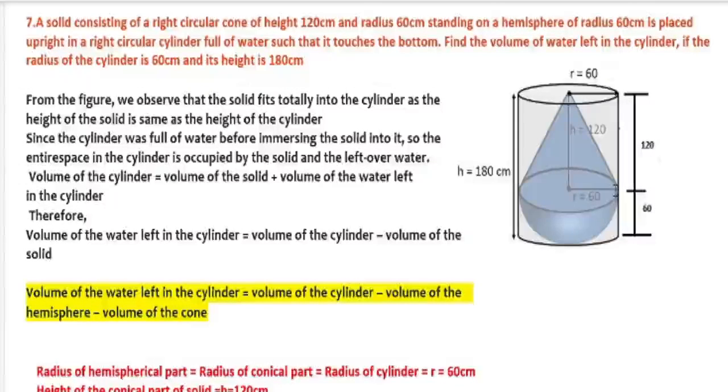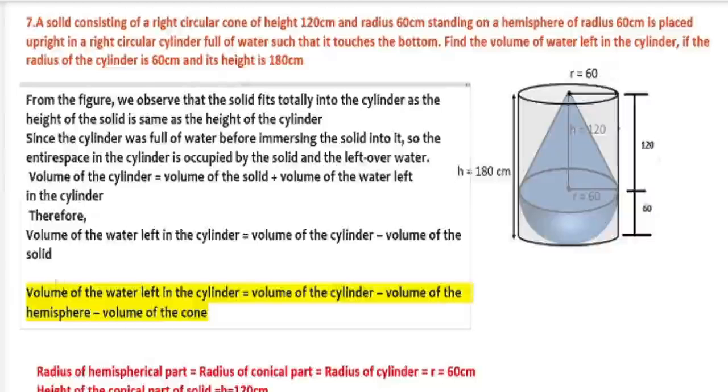That means the volume of the cylinder is equal to volume of the solid plus volume of the water left in the cylinder. So we can find out the volume of the water left in the cylinder is equal to volume of cylinder minus volume of the solid.